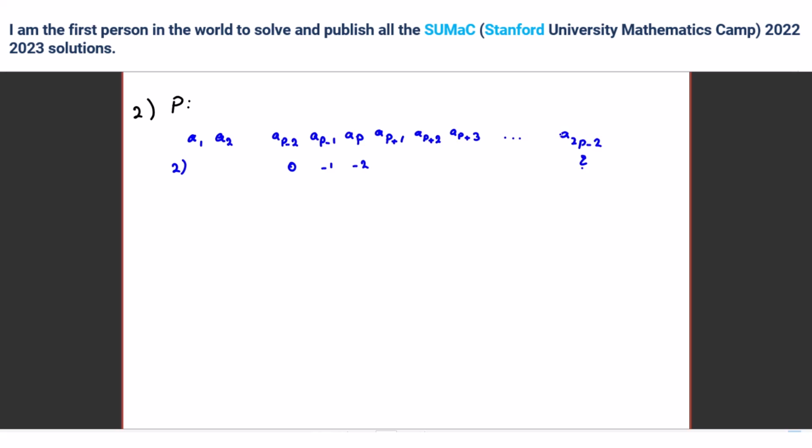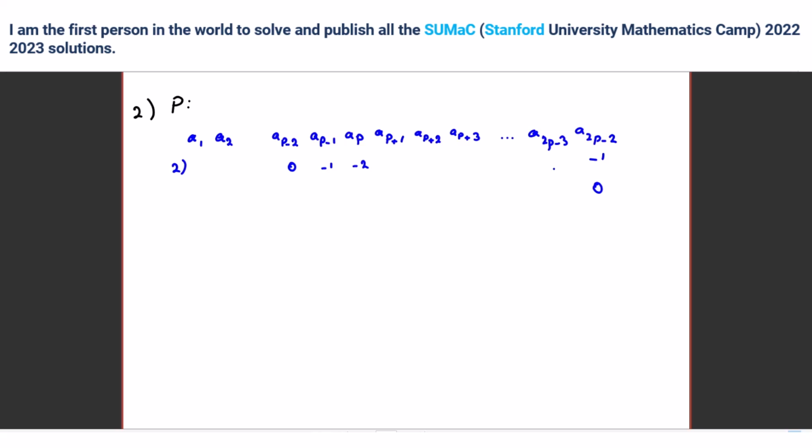It can be minus 1. Only minus 1? Yeah. Why only minus 1? Because we can discard when it's 0. Maybe it's 0, we don't know. But if it's 0, it just repeats. So we can discard that case. Yes, but maybe it repeats from here.